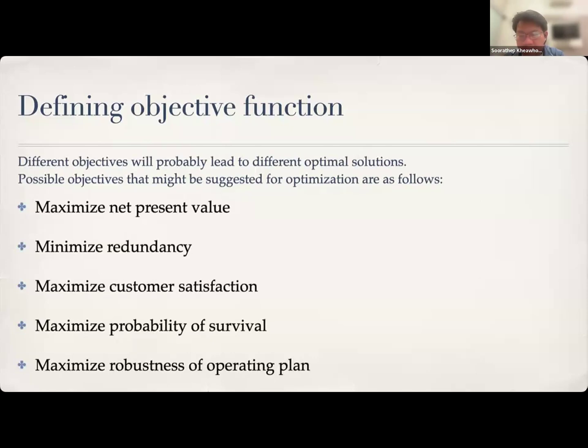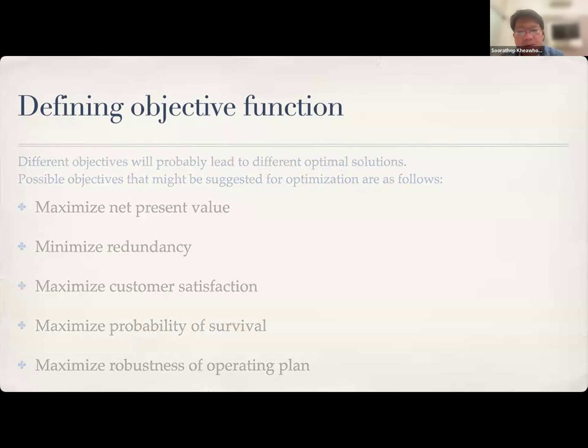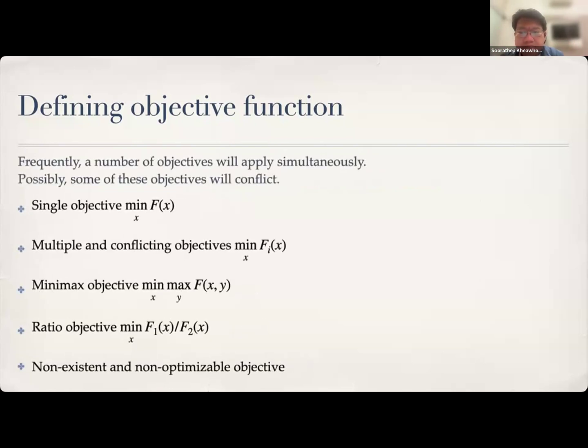Of course, if you have some good reason, you can formulate the objective function differently, okay? And in most cases, you formulate the objective function as a single function, and we call it single objective function. Most optimization problems contain only one objective function.